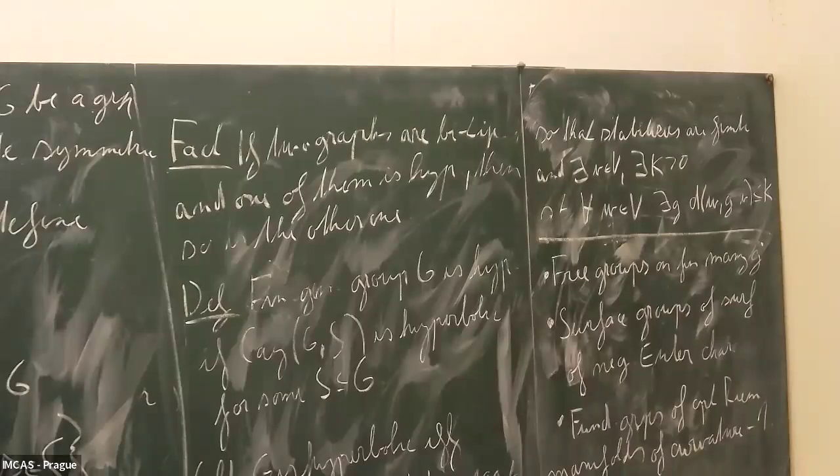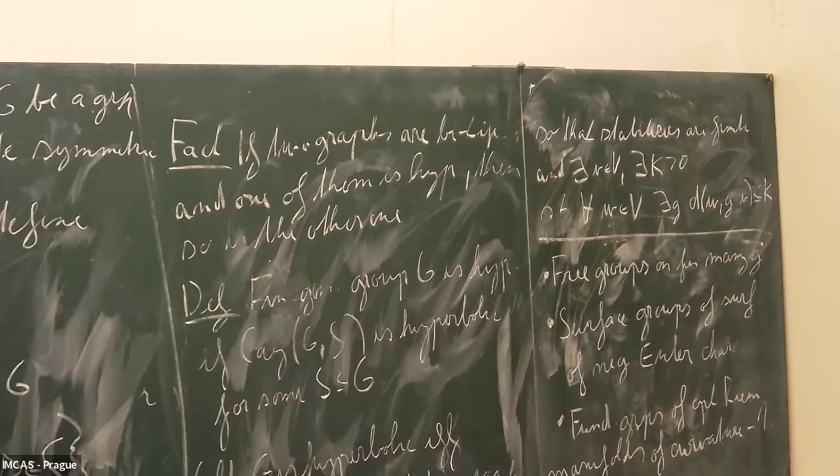So let me now move on to the shadowing, and also one last remark. If G is hyperbolic, then of course G acts on itself, on its Cayley graph.